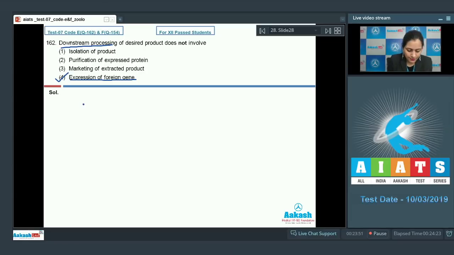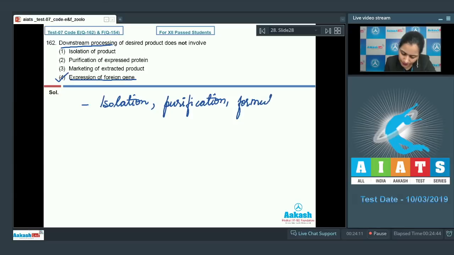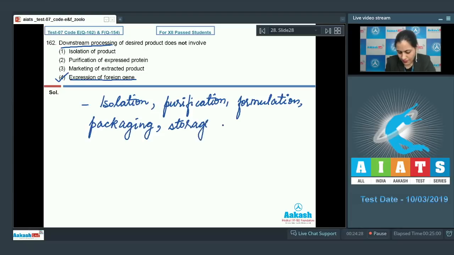Downstream processing involves isolation, purification, formulation, packaging, storage, and marketing of products.